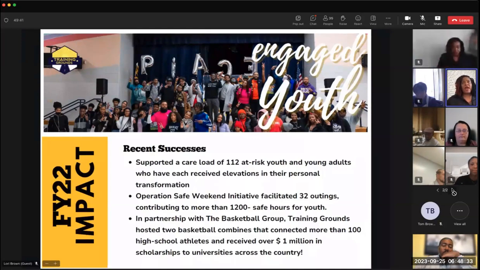Another success that we had in the youth development space was through a partnership with the basketball group. We hosted 2 basketball combines that we are excited to announce that we connected more than 100 high school athletes to colleges and universities all across the country, including the United States Virgin Islands. And these young people showcase their talent and their abilities and actually earn opportunities to receive over $1 million in scholarships.